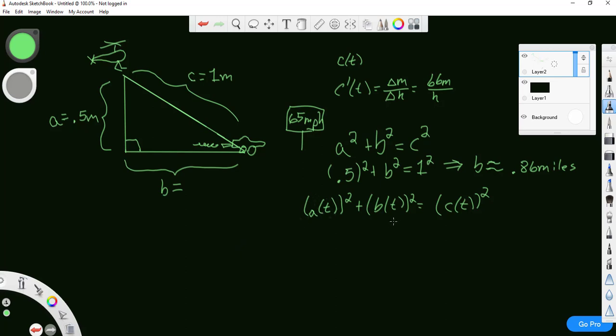So I'm going to take the derivative of each of these pieces. So that's going to be 2 times A of t times A prime of t. What am I using right here? I'm using the chain rule. Right, so we're going to have to use the chain rule on these. Plus 2 times B of t times B prime of t equals 2 times C of t times C prime of t.